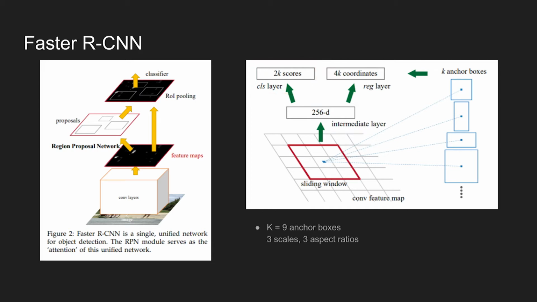In the paper, the authors define the value of k as 9 to make anchor boxes. This is to cover boxes of 3 different scales and 3 different aspect ratios. If the feature map size is 5x5, in total there will be 225 box proposals.